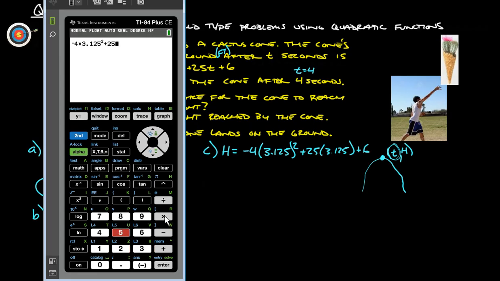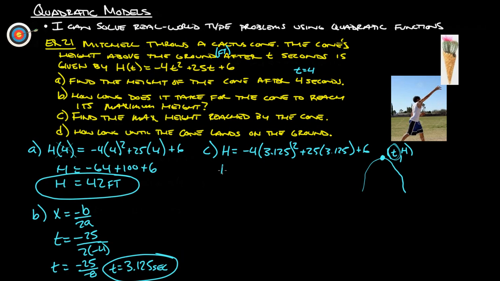So plus 25 times 3.125 plus 6. And we get 40.0625. So the height equals about 40 feet. That's a pretty good chuck for a cactus cone.